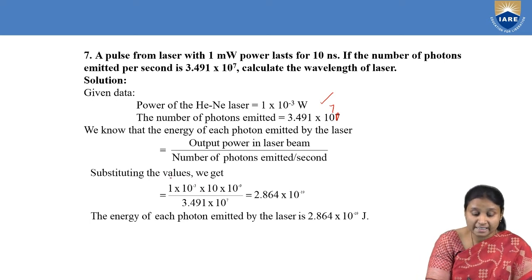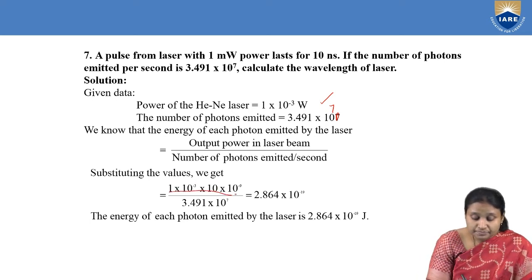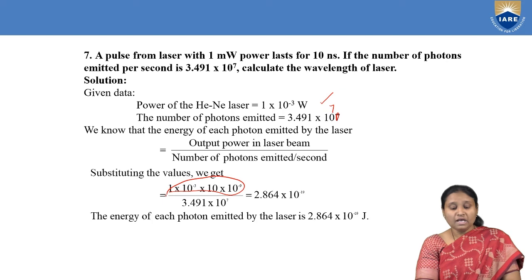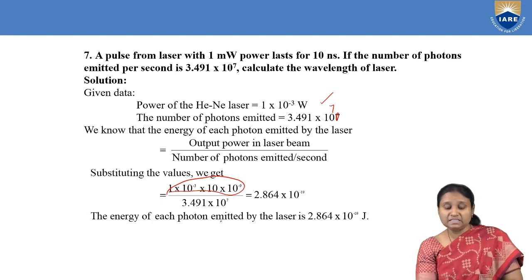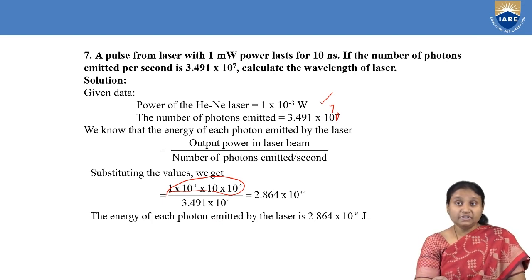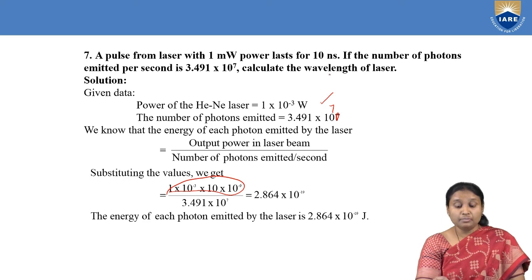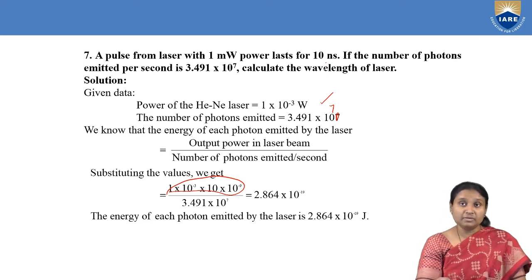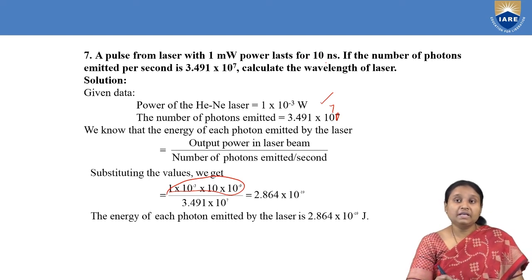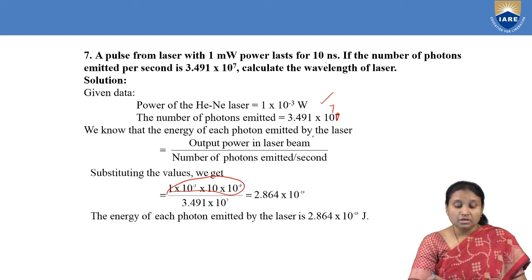And here we are writing output power as 1 into 10 power of minus 3, and this lasts for 10 nanoseconds. So I have to change this value for 1 second, because we are getting number of photons emitted per second. So even this power we have to change per second. So here we are multiplying it with 10 into 10 power of minus 9 seconds, since 10 nanoseconds is 10 power of minus 9 seconds.